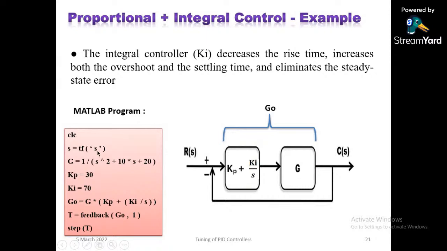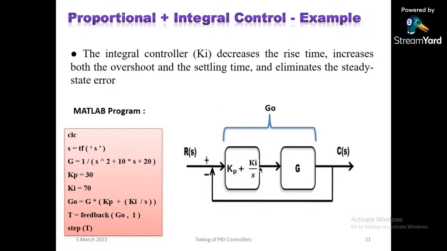I'm considering a different example, 1 over s squared plus 10s, is it the same? Let Kp equal to 30 and Ki equal to 70. Now you can see I'm introducing proportional plus integral. Proportional is Kp and integral is Ki divided by S, which is integral action.